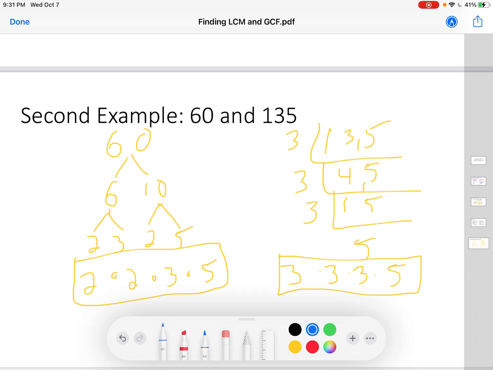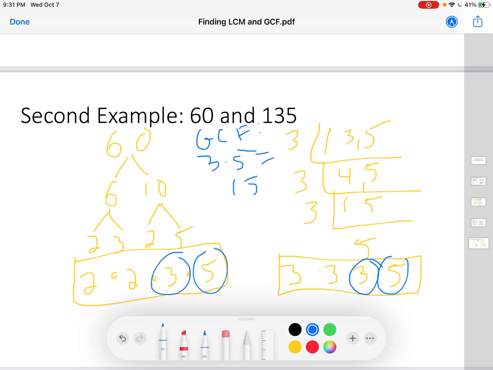Okay, let's find the GCF. I need to multiply what is common. So I have a 3 and a 5, a 3 and a 5. 3 times 5 is 15. GCF, done. Now I'll find the least common multiple.